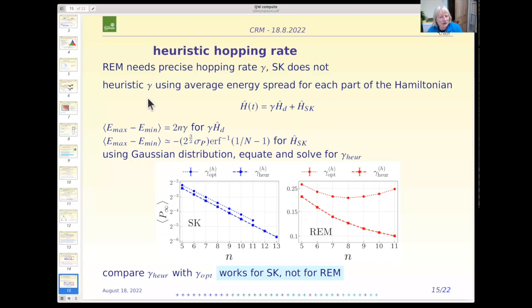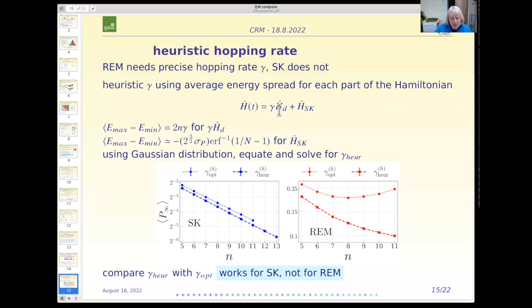So what we're going to use is the average energy spread for each part of the Hamiltonian. Because knowing what works for search, you basically need to balance these so that they are roughly the same size. And you choose the gamma so that the energy of each piece is close to the same. So we're going to average the maximum and the minimum eigenvalues, eigenenergies.